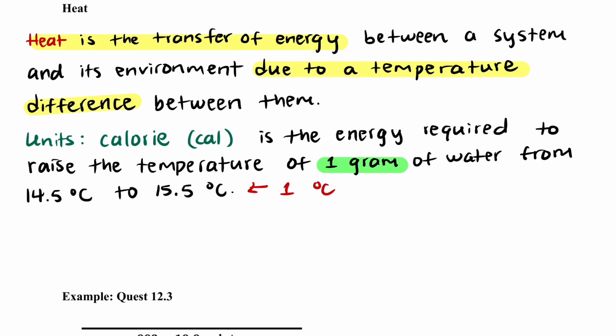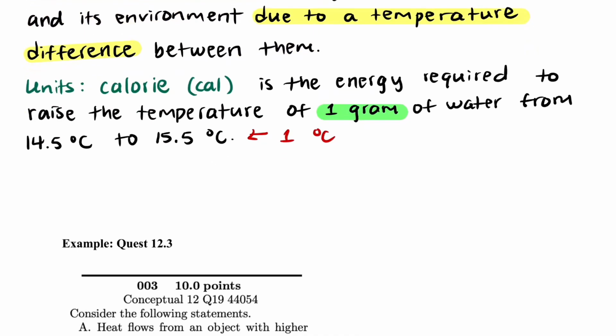You might be trying to relate this to food, because when we eat food we say we're eating calories. But those are actually slightly different. So a food calorie, I forgot to say that the abbreviation for calorie is cal. Now this is intentional, lowercase, okay?